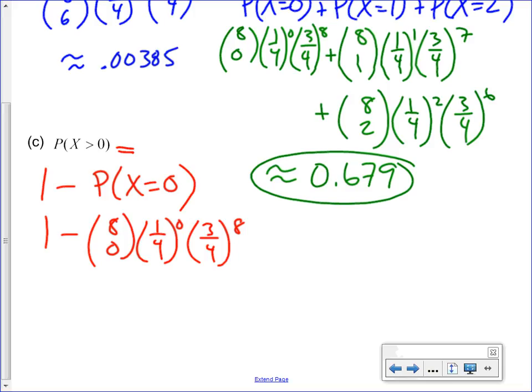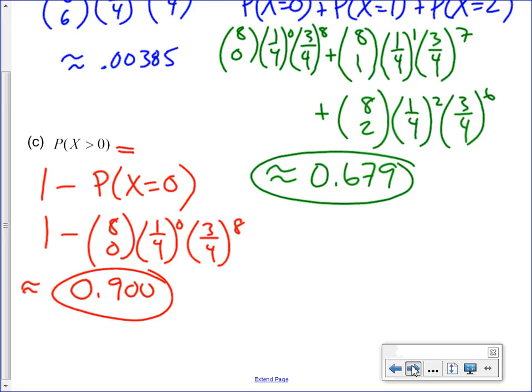The probability of 0 is 0.1. So 1 minus 0.1 is 0.9. That makes sense because you're just taking away 1 out of the 8 probabilities. So you have a 90% chance of getting more than just 0. That's a good sign.